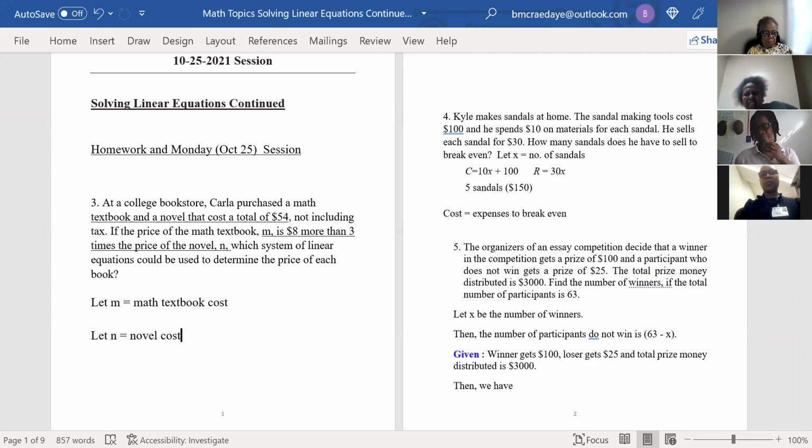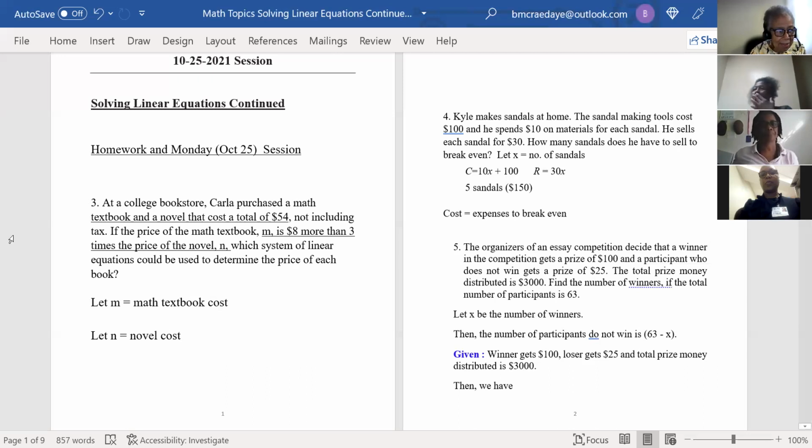No, they didn't give you any numbers like that. We're using variables. Vanessa, what equation would show you what is equal to $54?